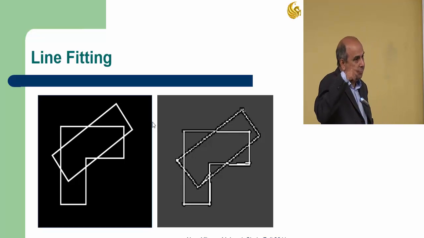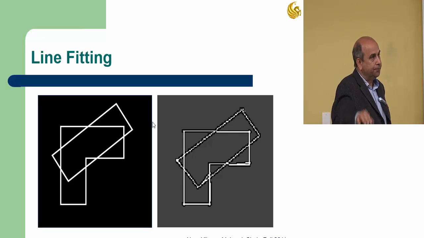Then you go through each of the points, and that gives you all the possible lines, and they vote for each combination of slope and intercept. Once you are done, there will be a local maximum in that accumulator array for each of the lines. Then you can go back and get it.